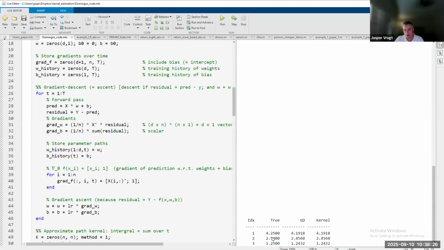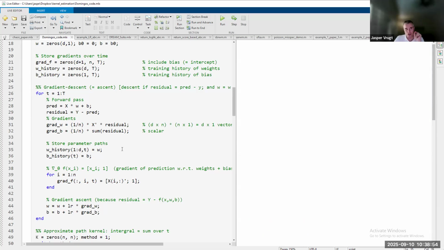This is the true result, the true data generating process. Then this is what my gradient descent gave using my final weights when I used the training samples, because they have a small error, they're not identical. And you see that my kernel is identical to my gradient descent.